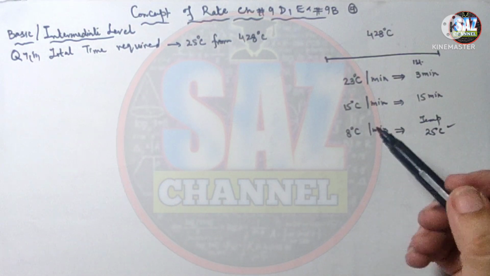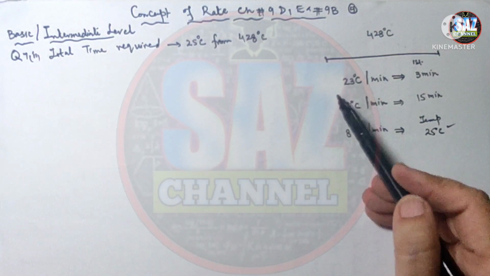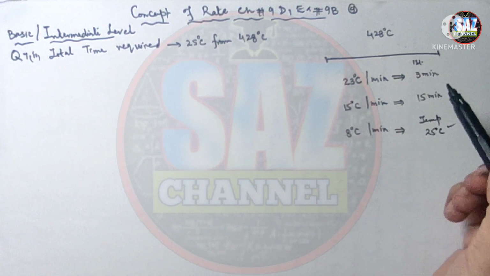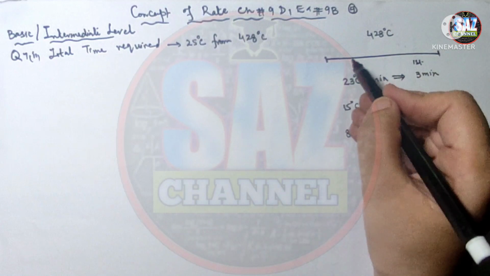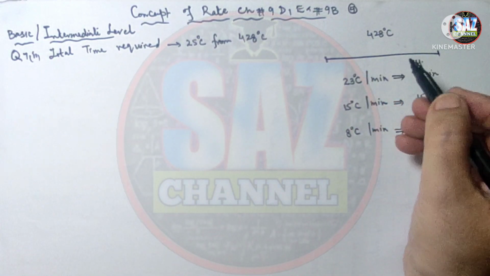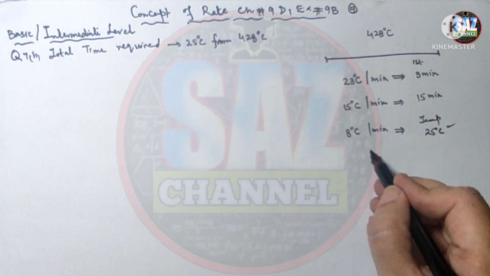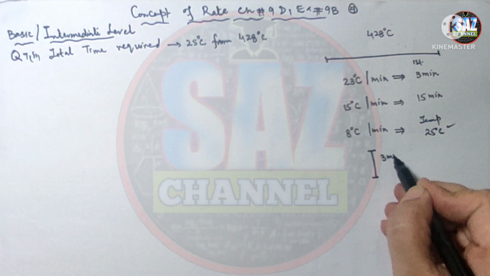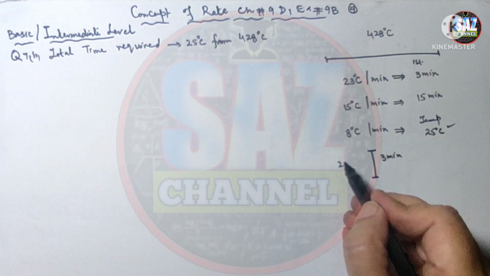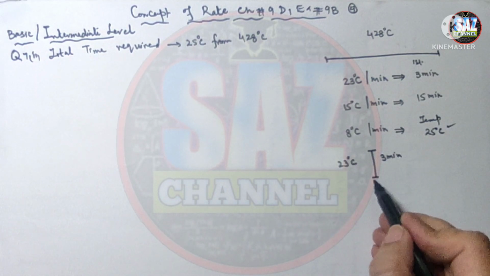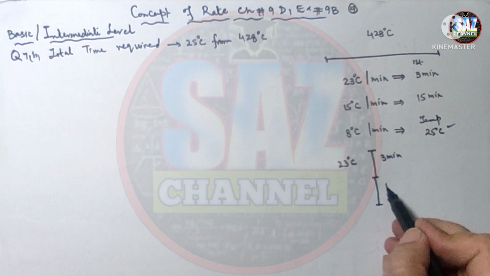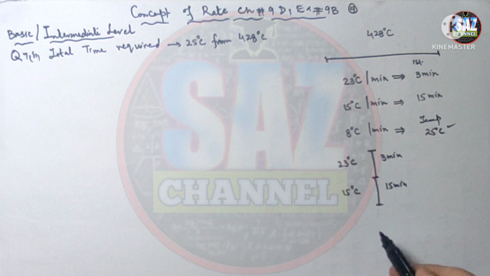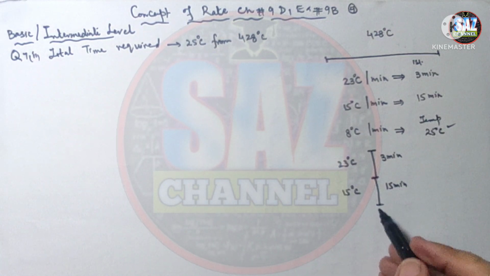If we observe the information given carefully, out of this 428 degrees centigrade, for the first 3 minutes the fall is 23 degree centigrade. Next 15 minutes, 15 degree centigrade, from 428 degree.